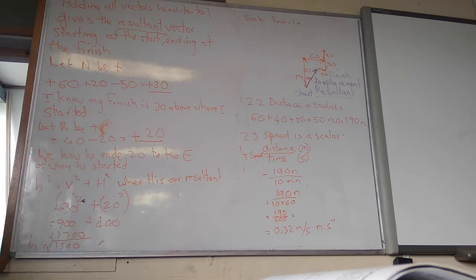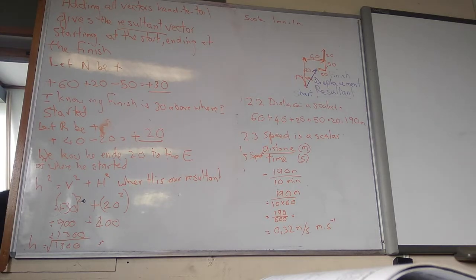And what is that equal to? Who's got a calculator? That would be the magnitude of our resultant. Okay, we'll leave it if you haven't got a calculator, but I'm sure someone's got one. No?